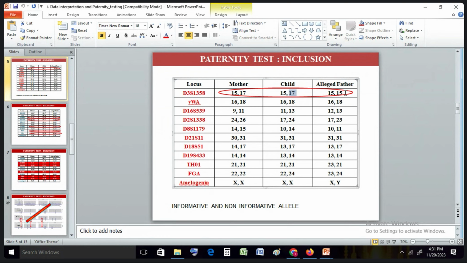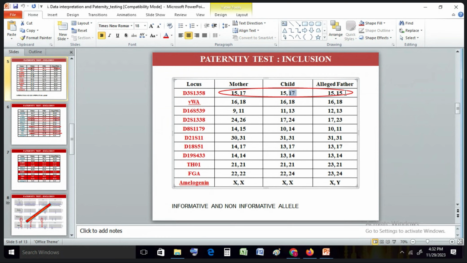Now look at the alleged father's result. Can 17 come from the alleged father? No sir, আসতে পারে কি? 15 আছে স্যার। So it is not possible. So what is the result? It is a mismatch result. Is it clear? 17 must come from the alleged father.